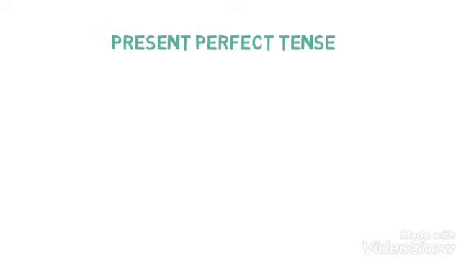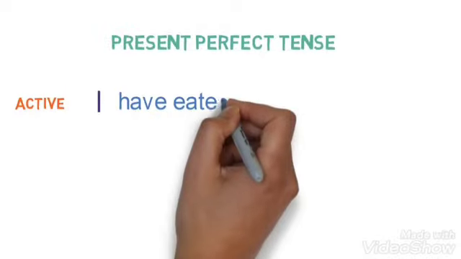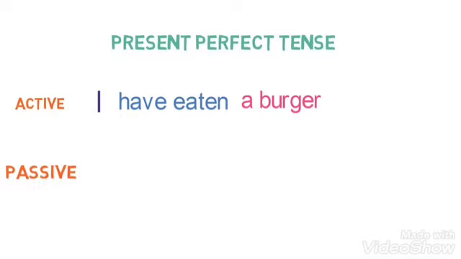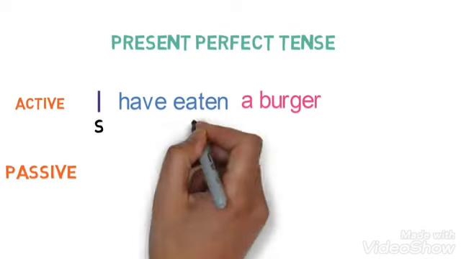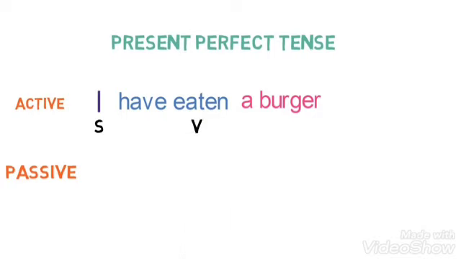The next example is present perfect tense. Active sentence is "I have eaten a burger." Here identify subject, verb and object.